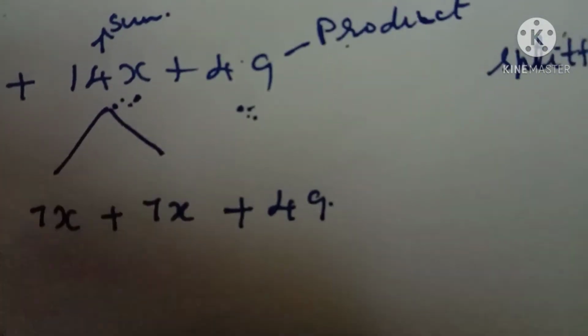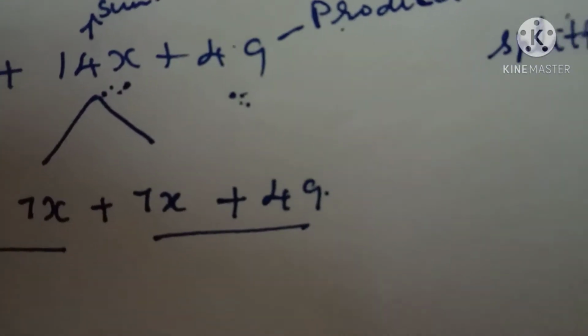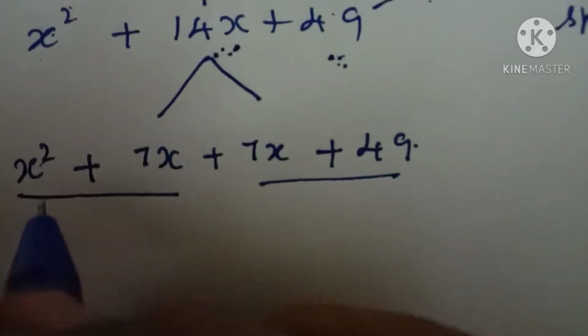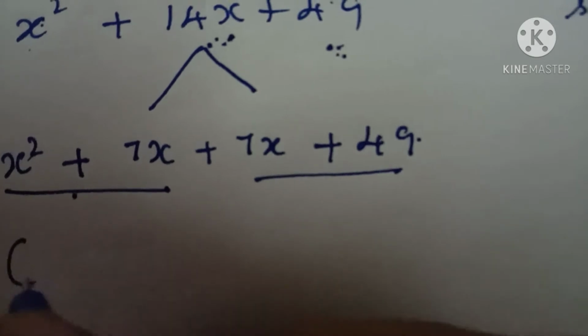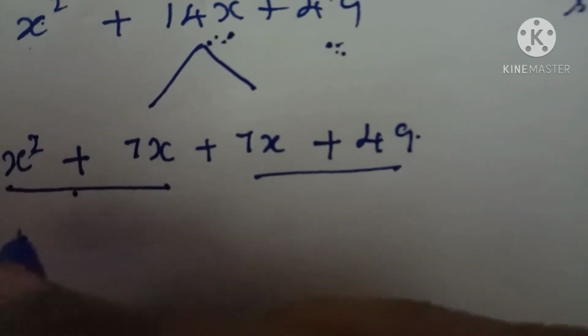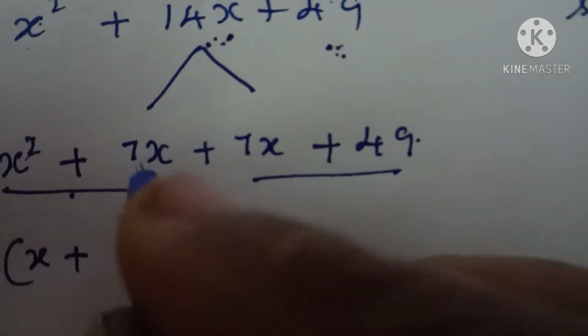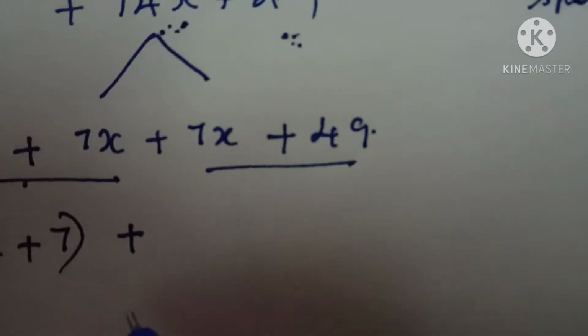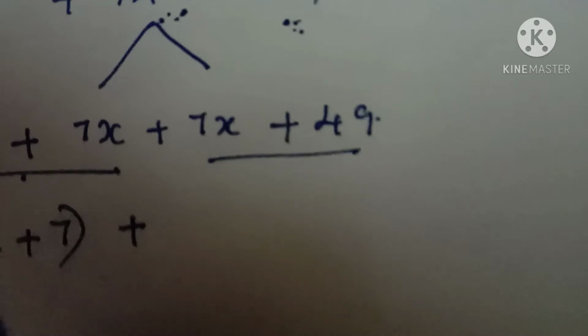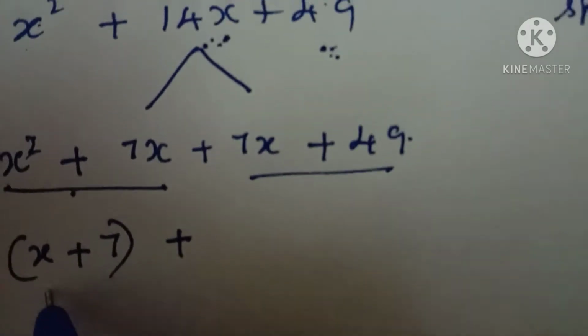Now if 4 terms are there, you have to group the terms. Therefore here if you see, the common factor is x. x square divided by x is x, plus 7x by x is 7. The terms which are in the bracket should be equal.